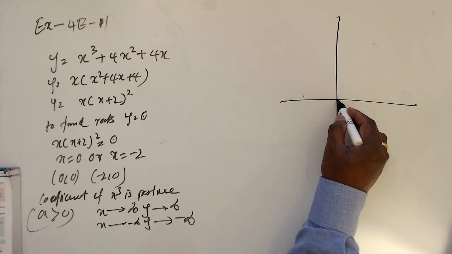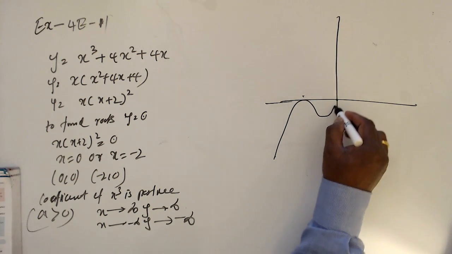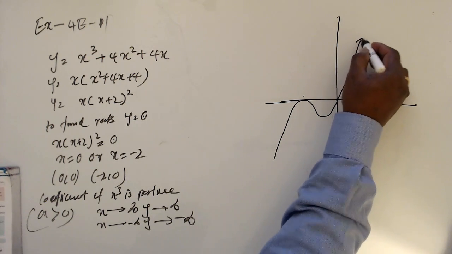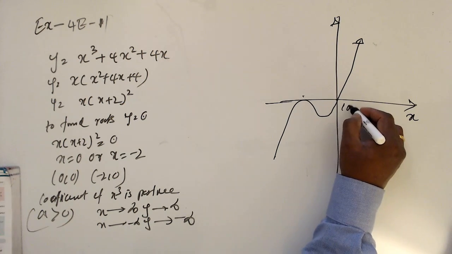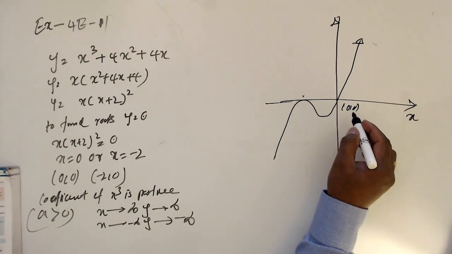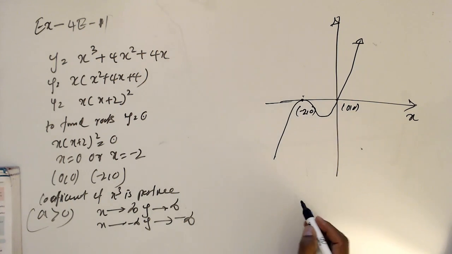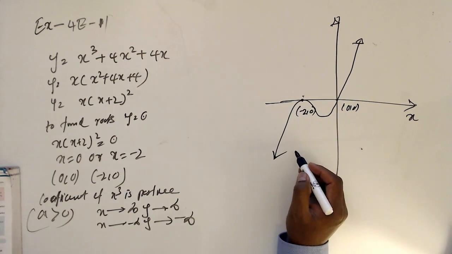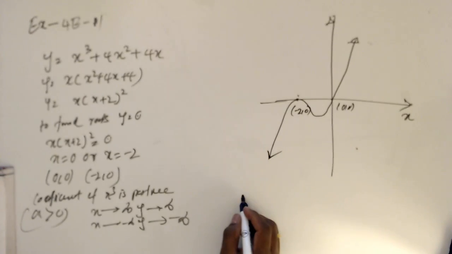(0, 0) and (minus 2, 0), on the x, y axes. And this is (minus 2, 0). Right, we sketch now.